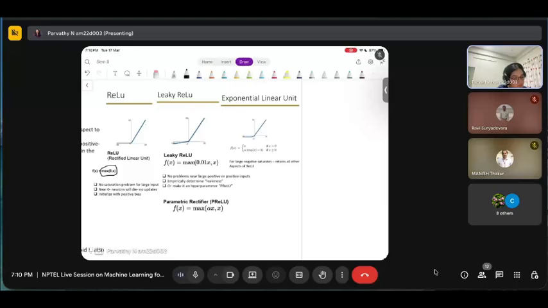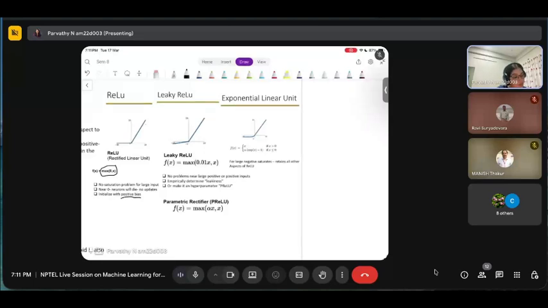And there is no saturation problem for large positive input. But when the values are negative, the neurons will not have any update. So to prevent this, you can initialize with some positive value. You can add some positive value to prevent this zero update issue.